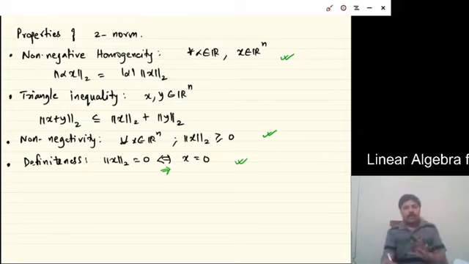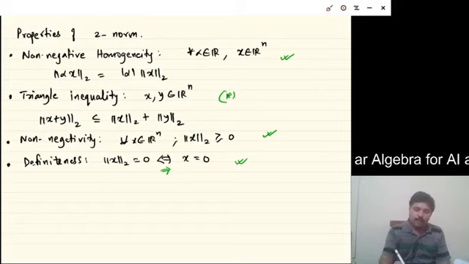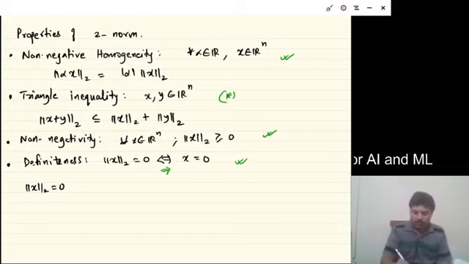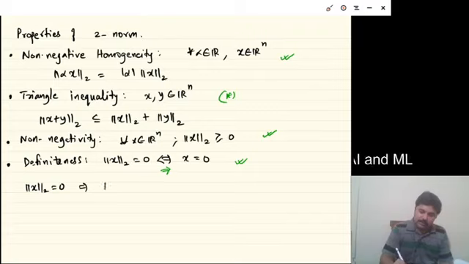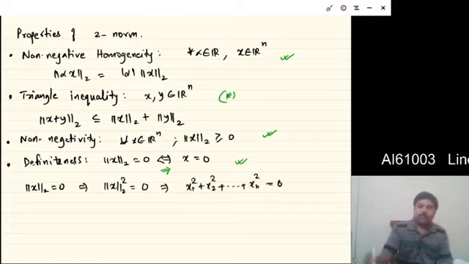Before going to that, let's first think of why definiteness is important. Consider that the 2 norm of x is equal to 0. This is the same as saying that the 2 norm square is equal to 0, and by definition this is x1 square plus x2 square plus xn square equal to 0.